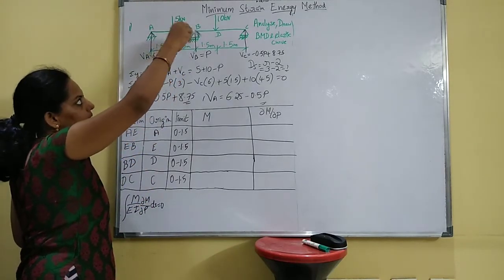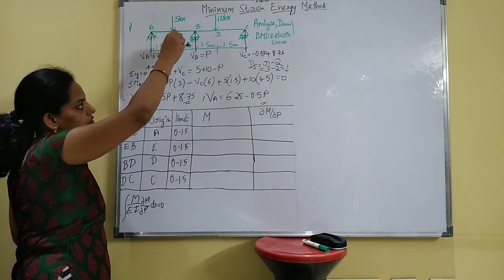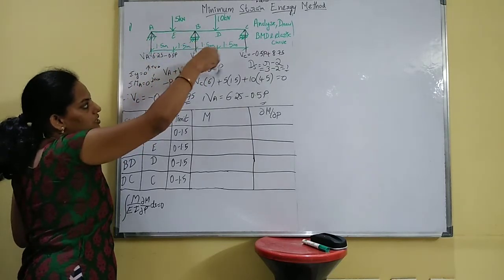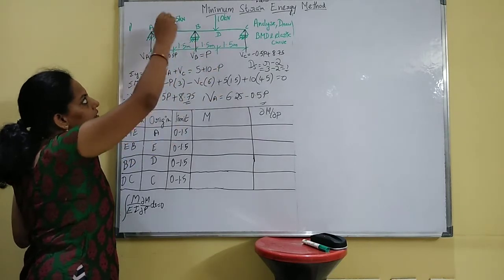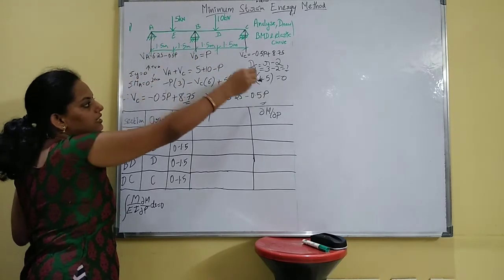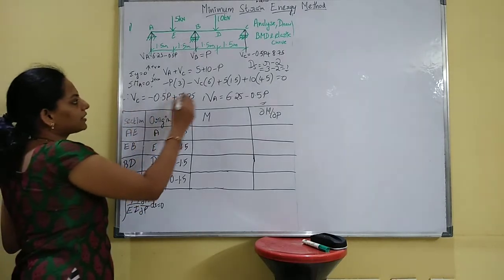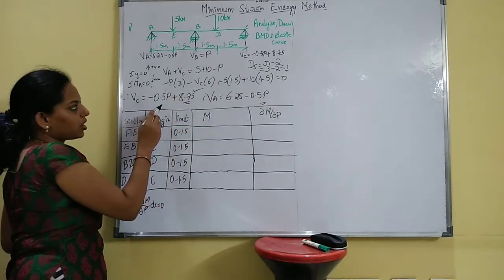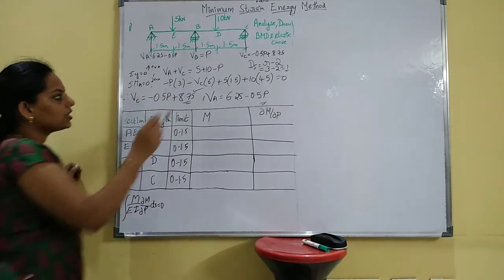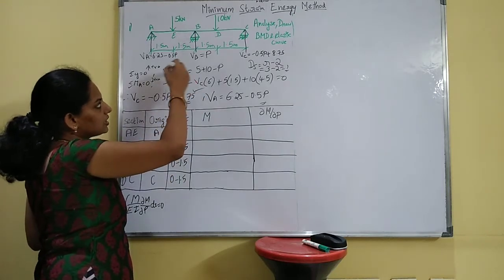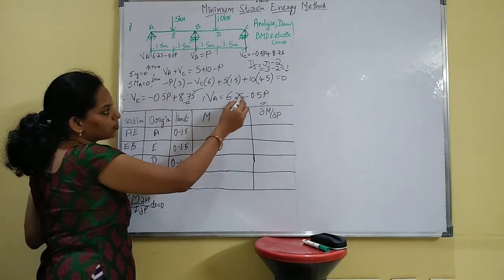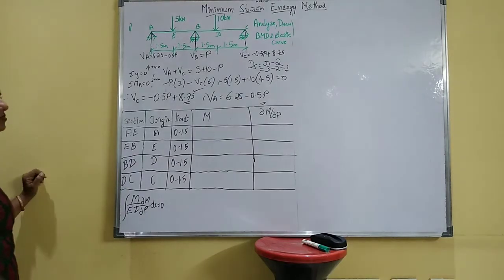So you have minus P into 1.5 into 2, that is 3. Then minus VC into the total distance, 6. Then 5 into 1.5, 10 into 4.5 equal to 0. Simplify and get the value of VC, that is minus 0.5 P plus 8.75. Then substitute back and get the value of VA, 6.25 minus 0.5 times P.